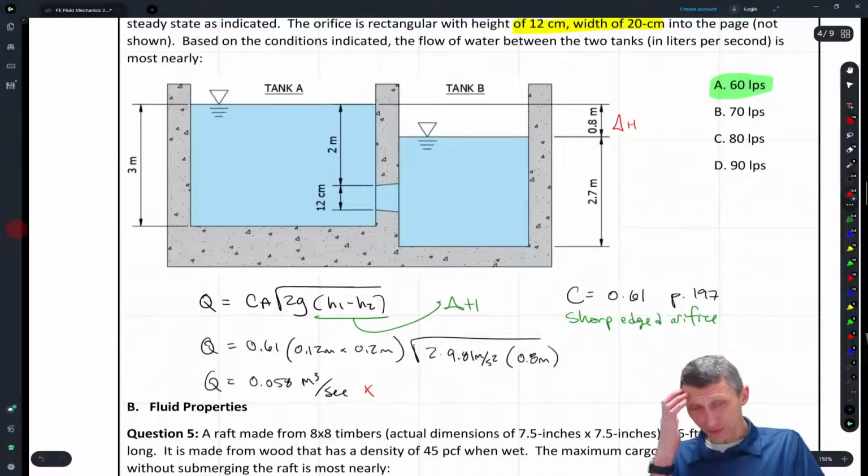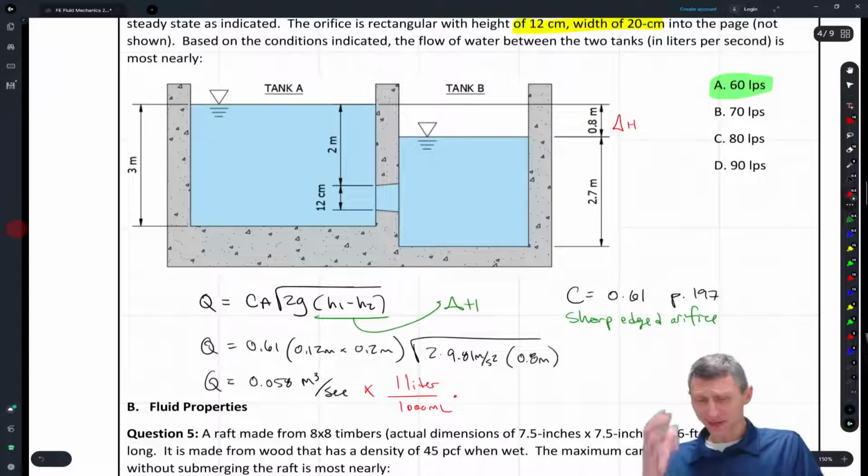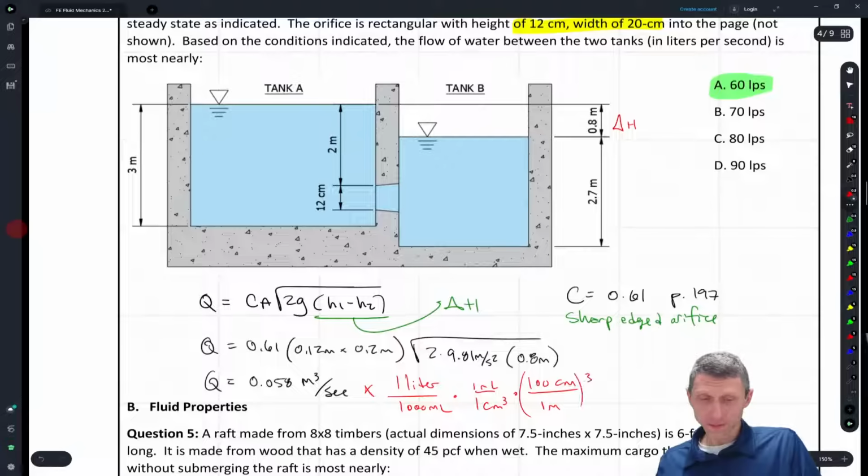If you didn't know, how could we get there? Well, what do we know? We know that one liter is 1,000 milliliters. What else do we know? We know that 1 milliliter is 1 cubic centimeter. What else do we know? We know 100 centimeters is 1 meter, and we can cube that.